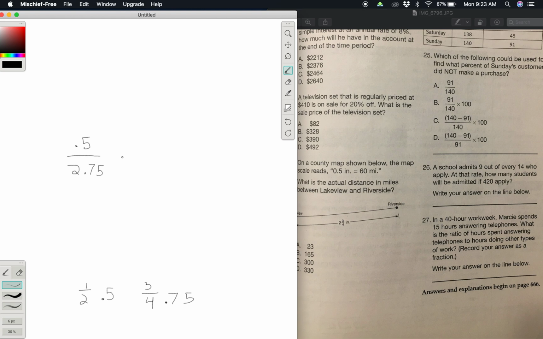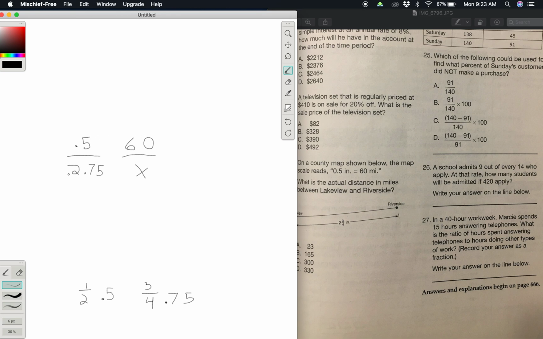And we know that the 0.5 represents 60 miles. So this is the missing variable right here. We know that this smallest part, 0.5, is 60 miles.